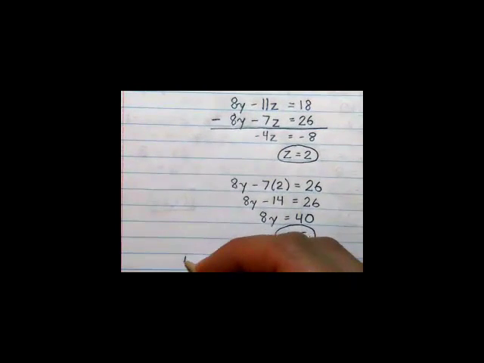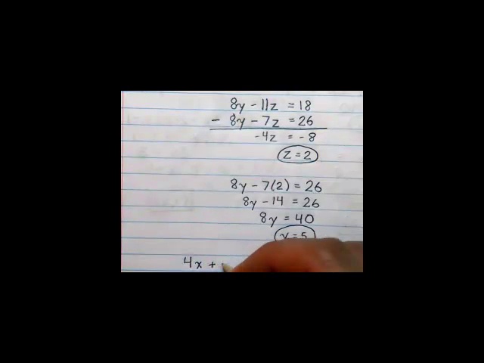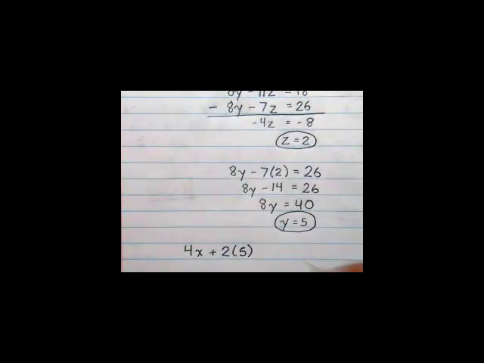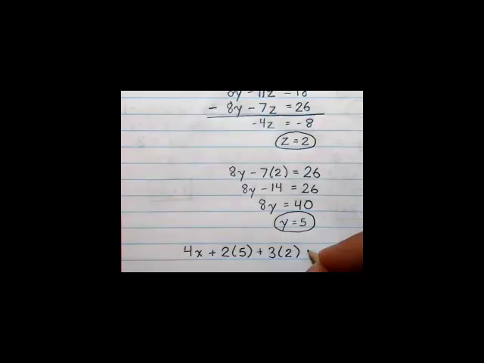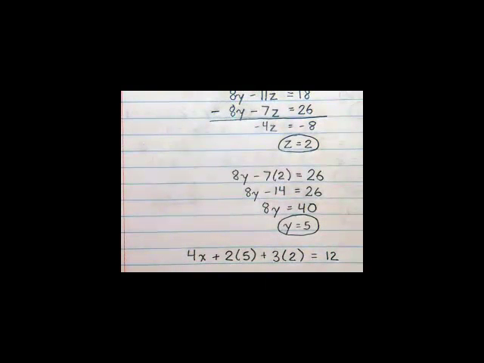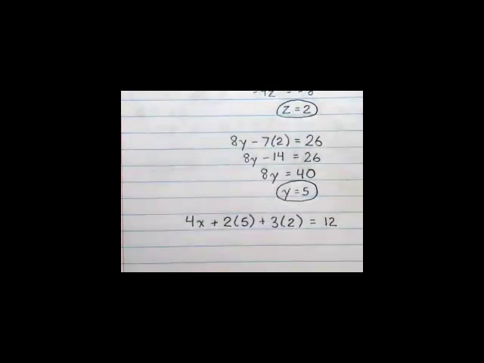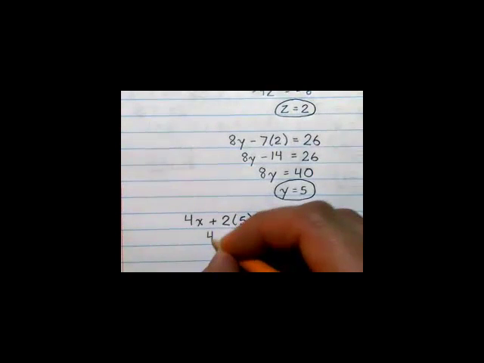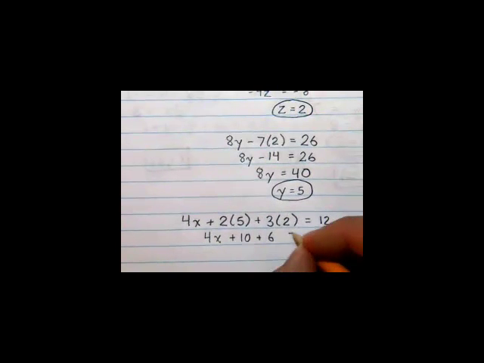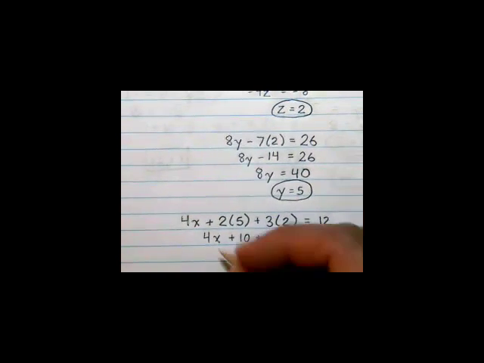Okay? So 4x plus 2 times 5 now plus 3 times 2 is what we had for z equals 12. Okay, so I'm just going to work out the algebra here. So plus 10 plus 6 equals 12.